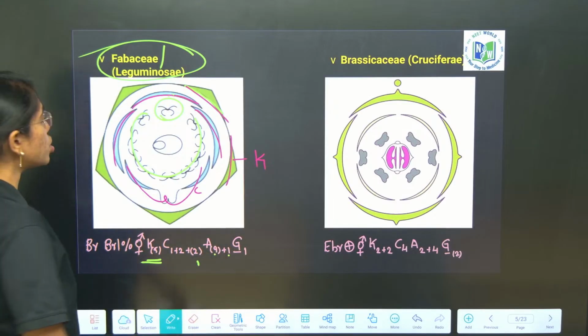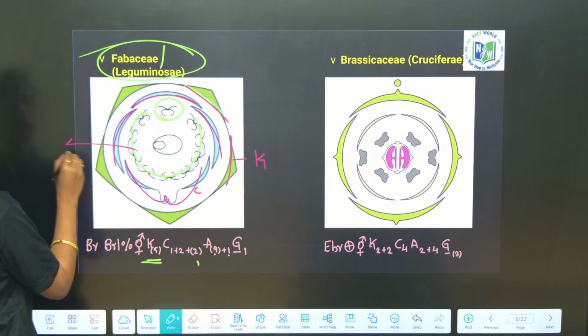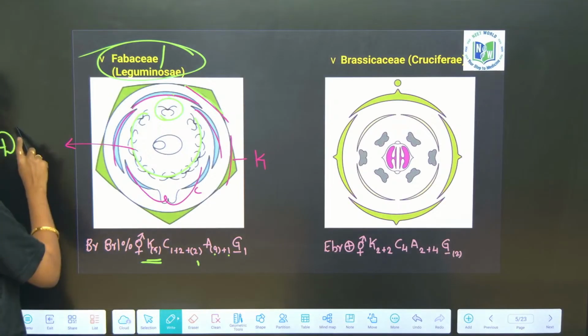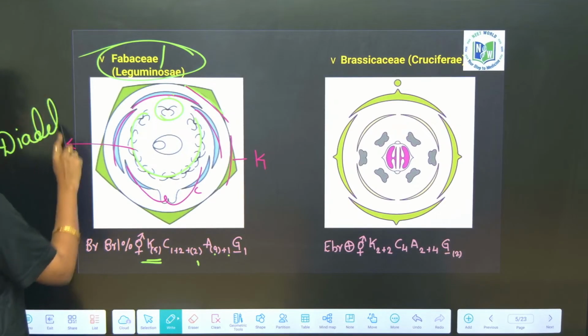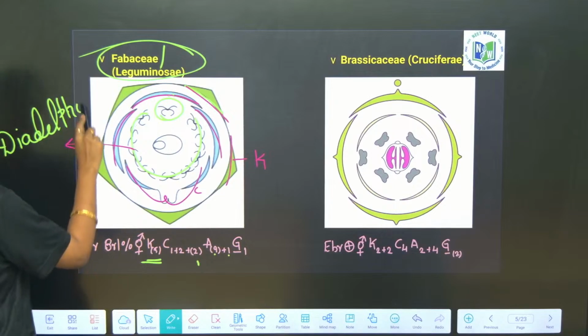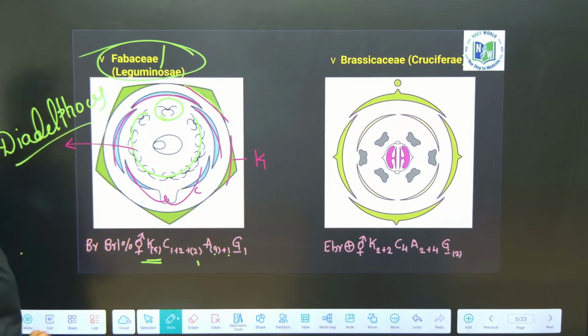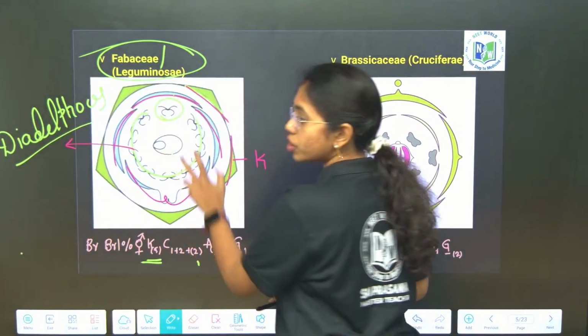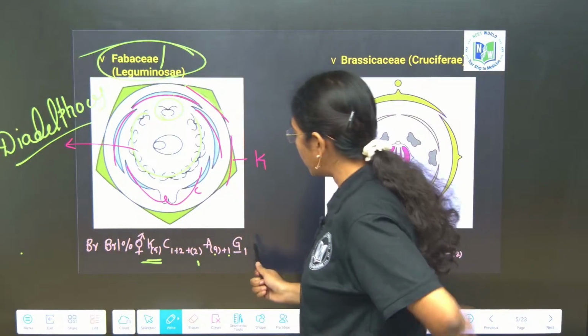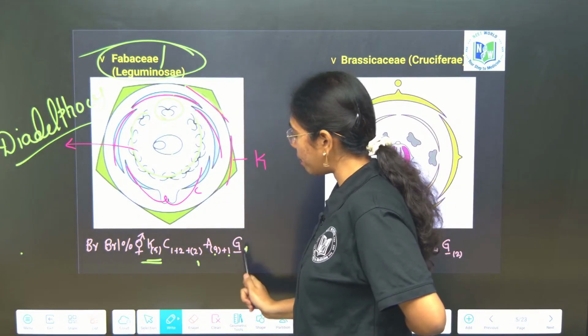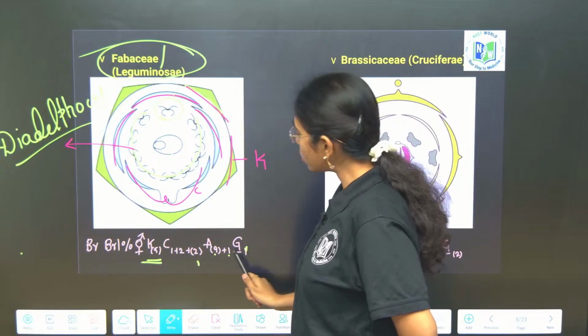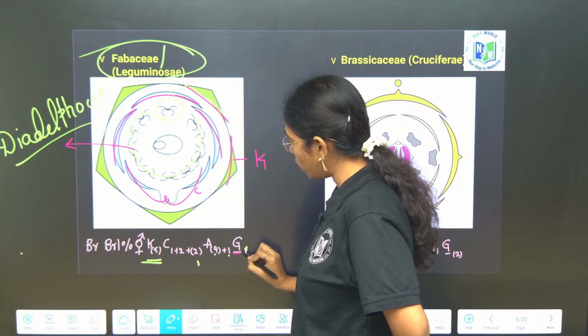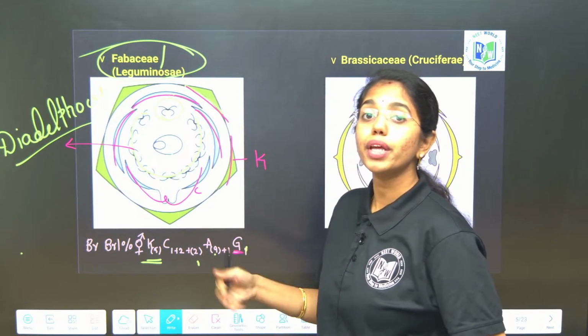This condition is said to be what, beta? Diadelphous condition. And here you can see the gynoecium, which is monocarpellary, a single carpel, where the ovary is superior as the hyphen is below G. It indicates a superior ovary.